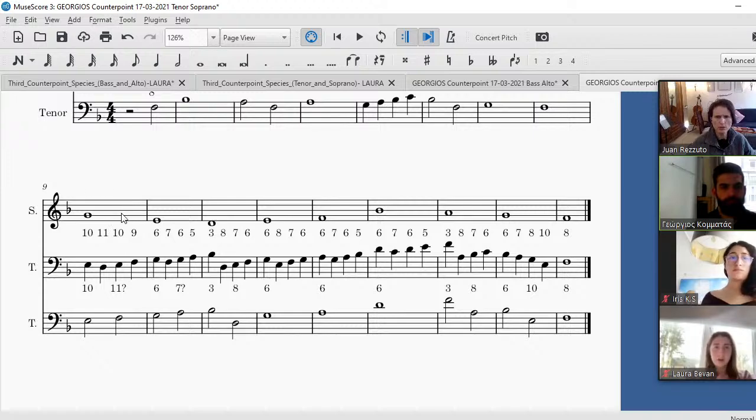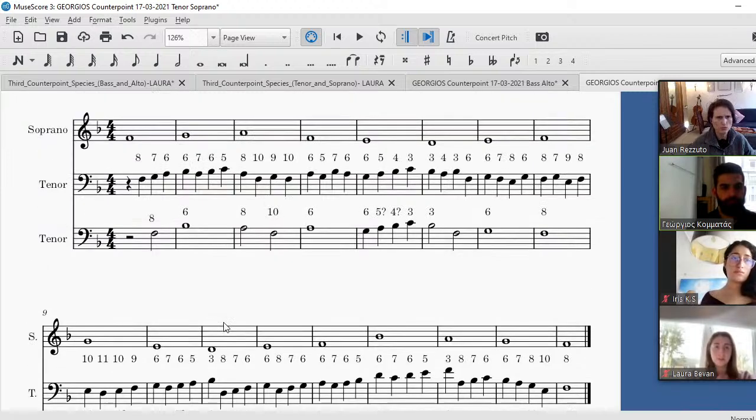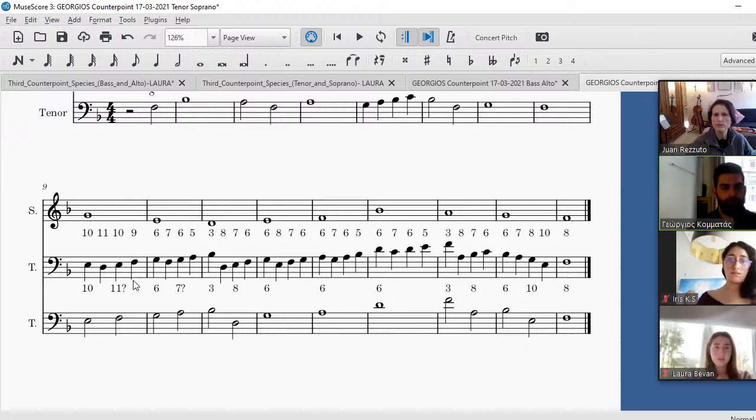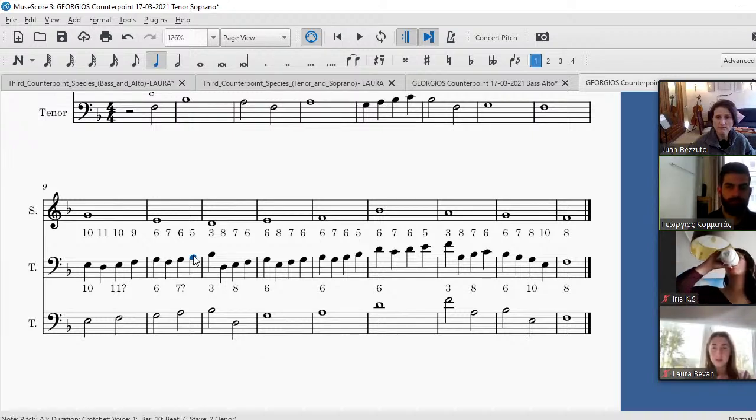Okay, in this case, the cantus firmus starts on the G. Okay, fine. And then you have the G. Exactly. That's a very good case.